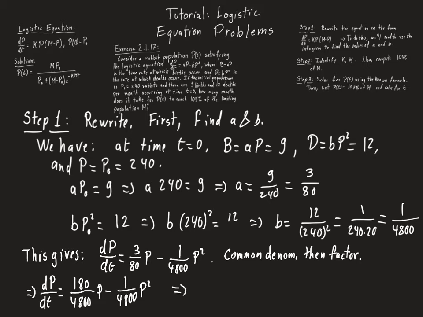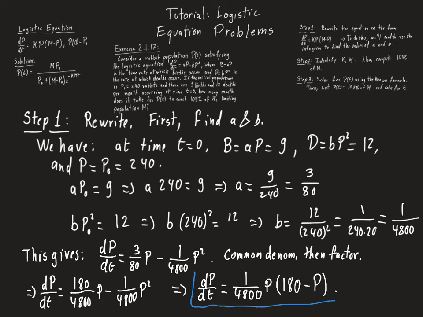And then factoring this gives us dp/dt to be equal to 1 over 4800 times p times (180 minus p). All right, at this point we have completed that very first step that we wanted.